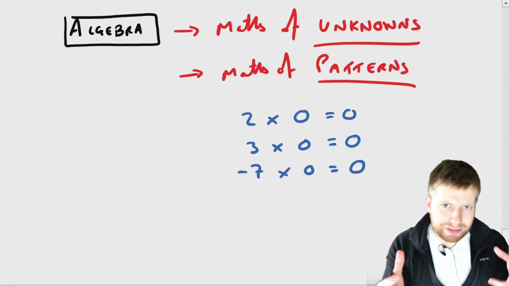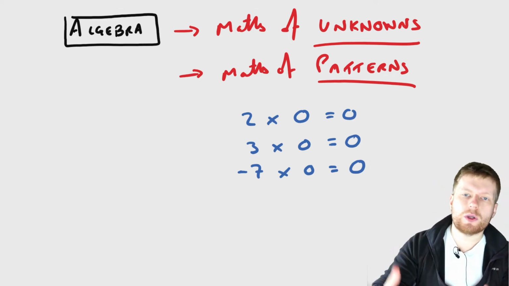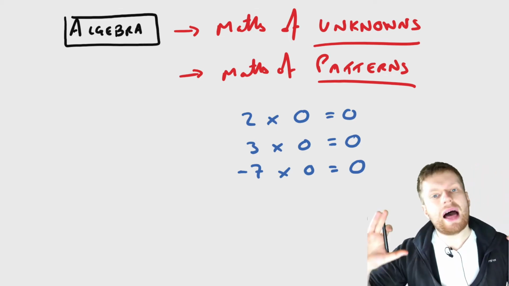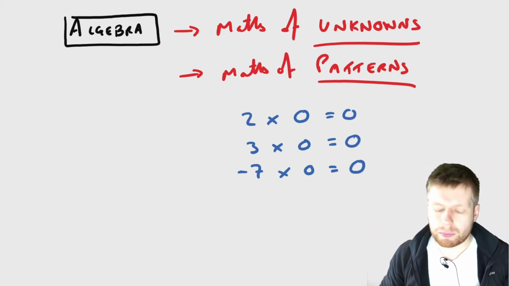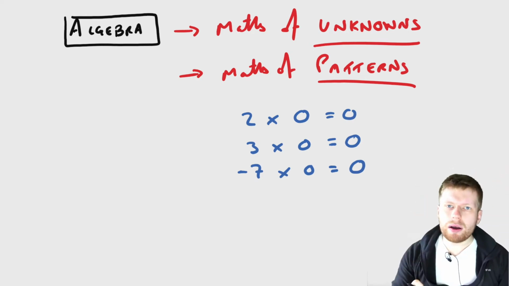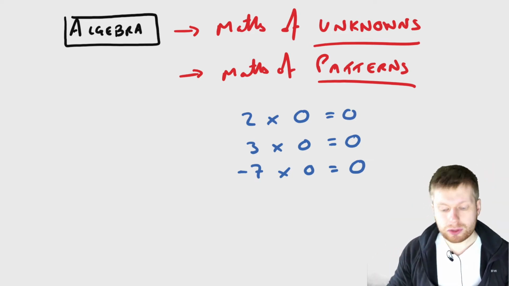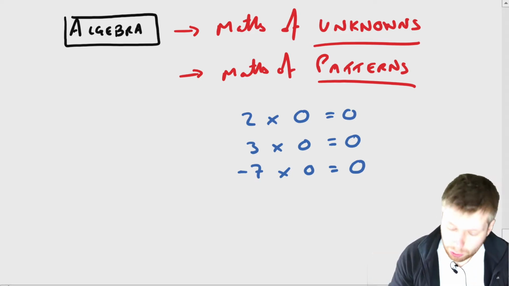At the end of the day, the heart of mathematics is all about looking for patterns and trying to understand those patterns that exist in the world around us, and then we try and describe them, and that's where mathematics comes in. So here we've noticed, hopefully, that any number, when you multiply by 0, will always result in 0. I can use algebra to describe this concept.